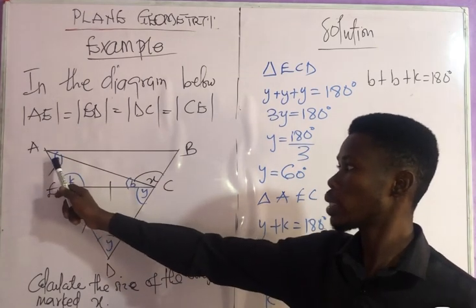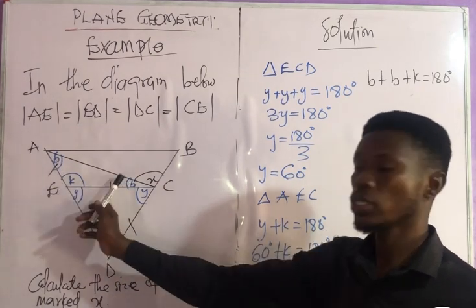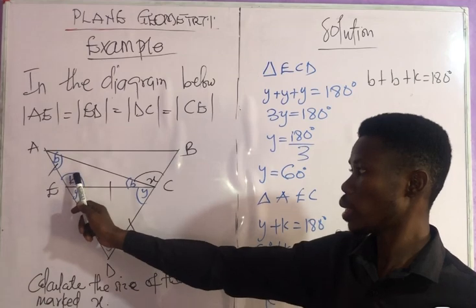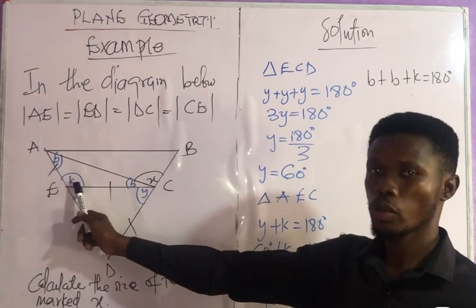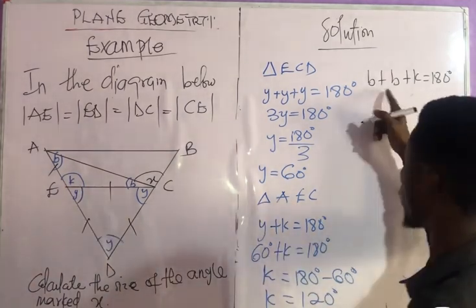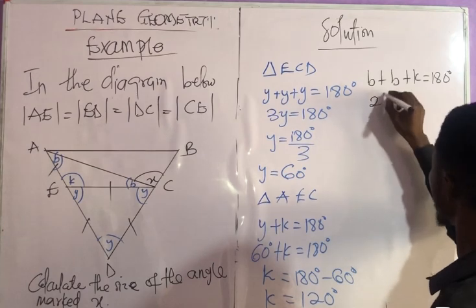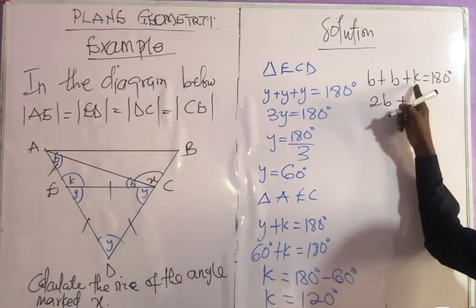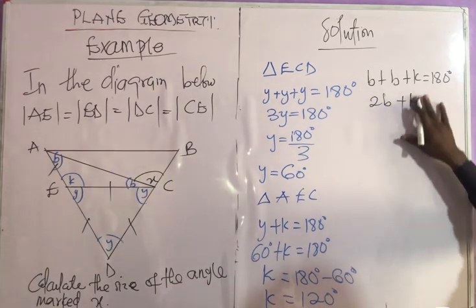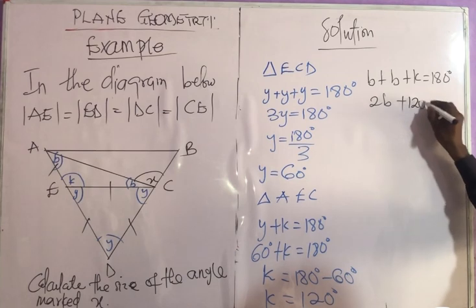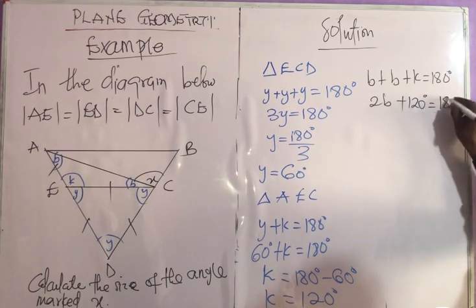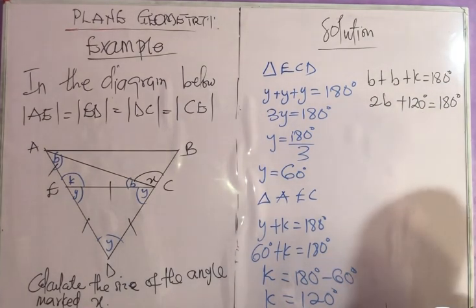So it means that the base angles must be what? The same. And now I've worked for the K, which is 120 now. So B plus B is 2B plus K, which is 120, equals 180 degrees. Is that okay?